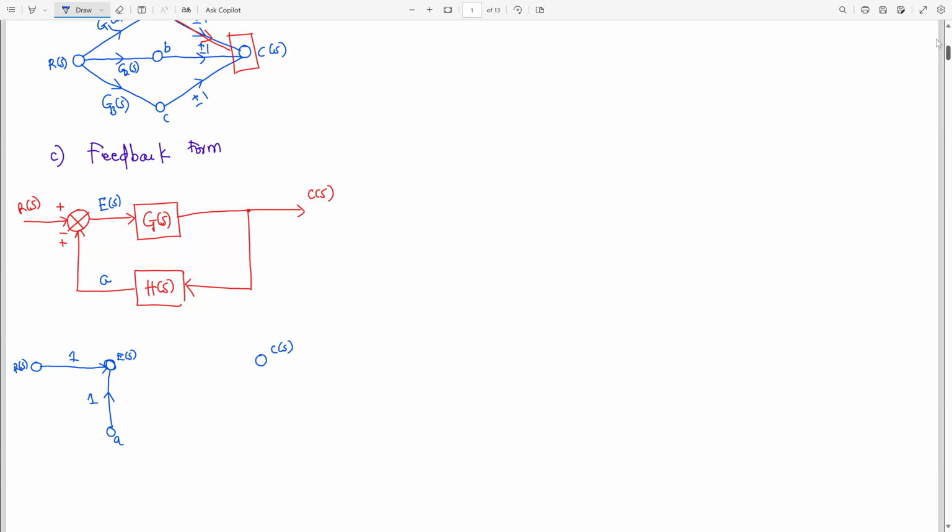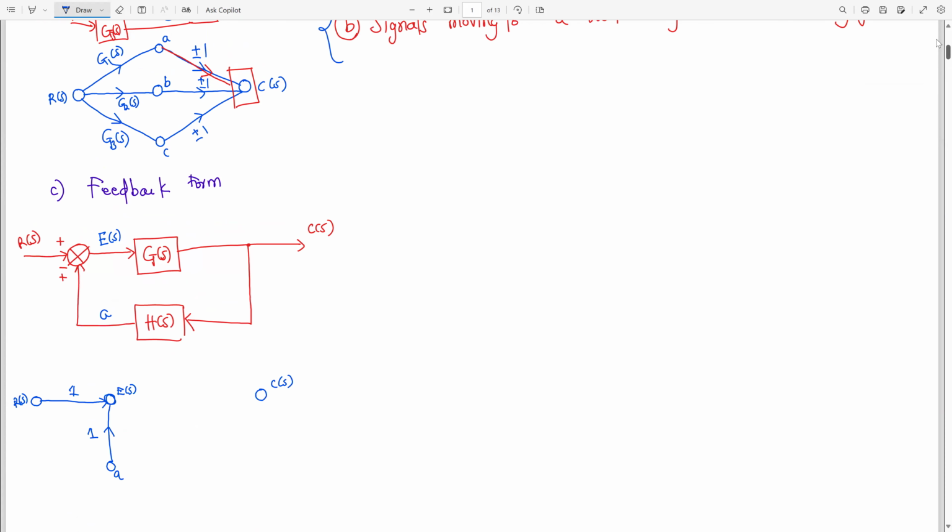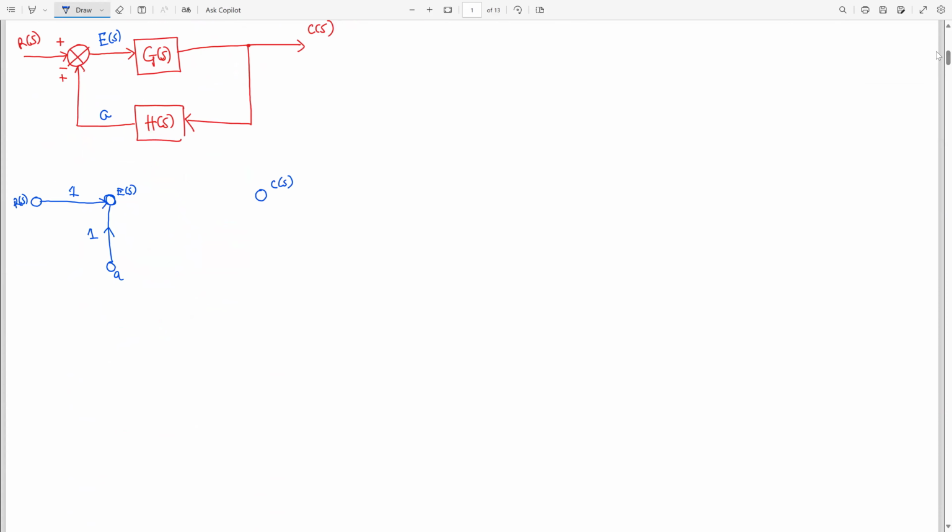Based on the second thumb rule, if you have signals moving into a node, then it signifies the presence of a summing junction, and the output of that summing junction is the signal of that node. I hope I'm making sense.